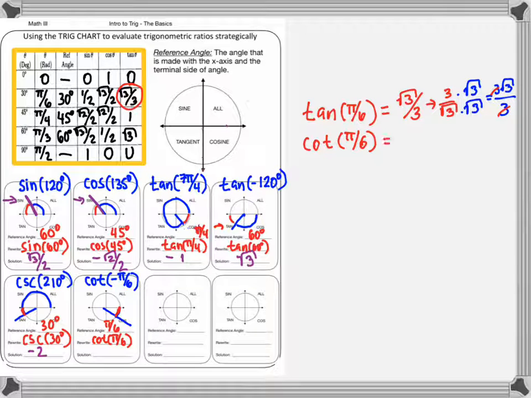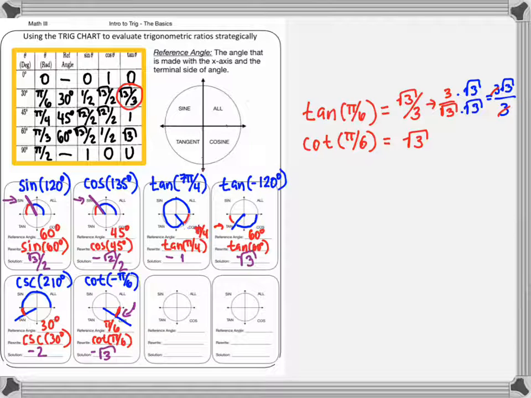So at the end of the day, I have the square root of 3 for cotangent. Now, to finish up the answer, we have to put a plus or minus sign. It is in cosineville, which means that cosine and secant are the only positive trigonometric ratios in the fourth quadrant.